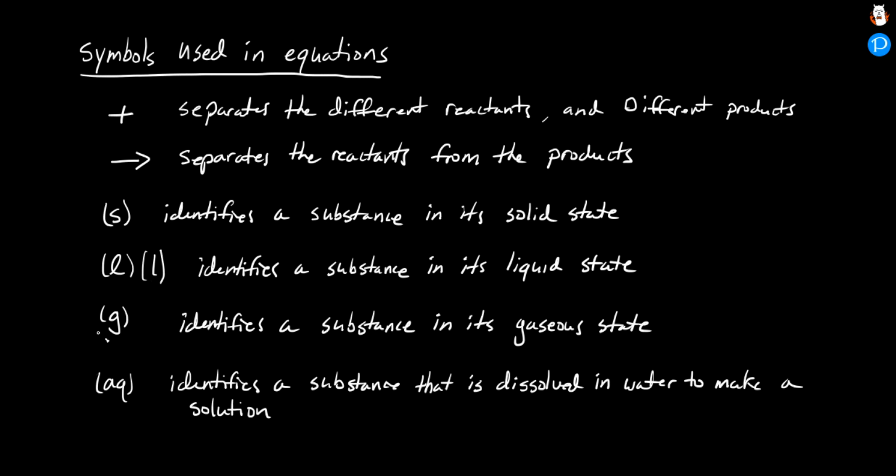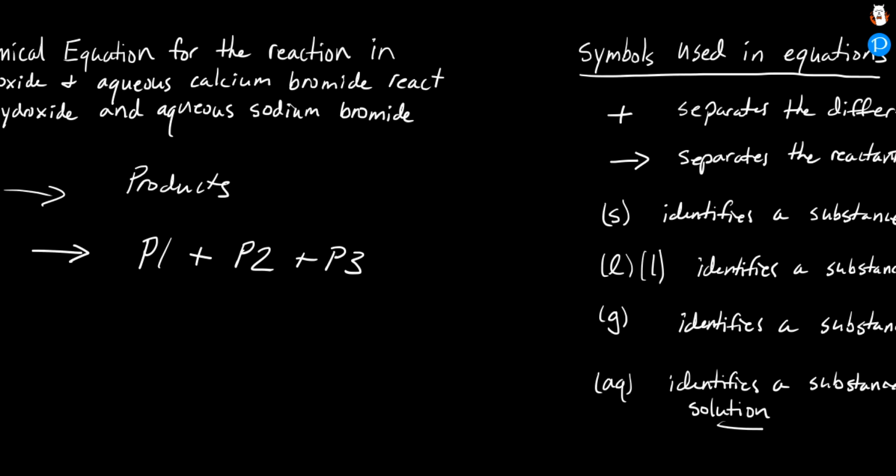A lowercase g for something in its gaseous state, and then AQ like this. That is anytime you have a substance that is dissolved in water to make a solution. Okay, so a lot of times chemical reactions are going to be things that are in a solution of water, and when that happens, we write AQ next to it. Okay, so those are the symbols that we're going to also try to use while we write these chemical reactions.